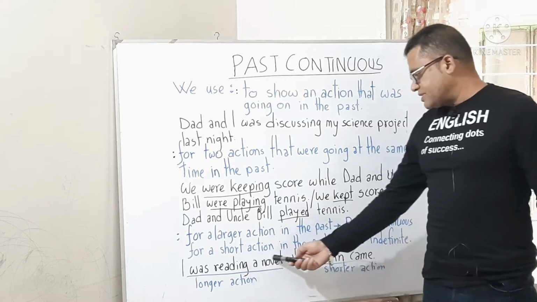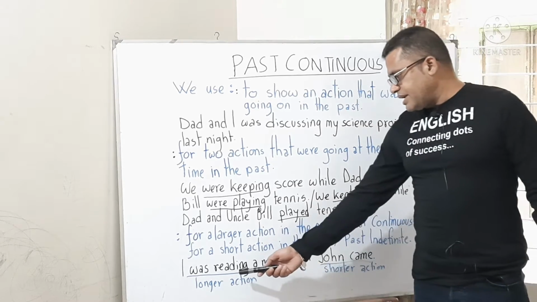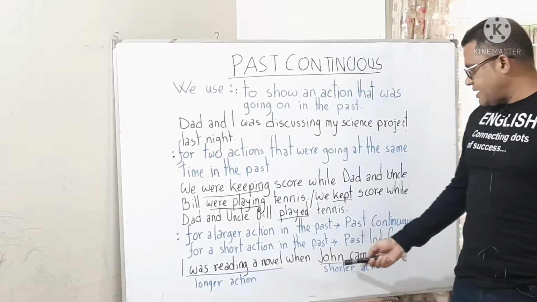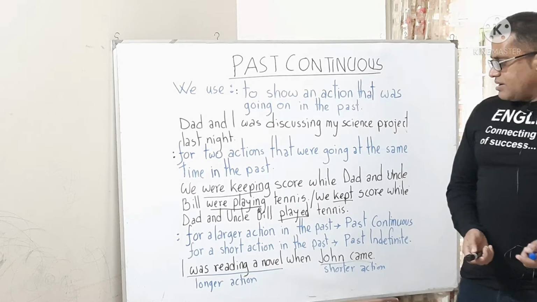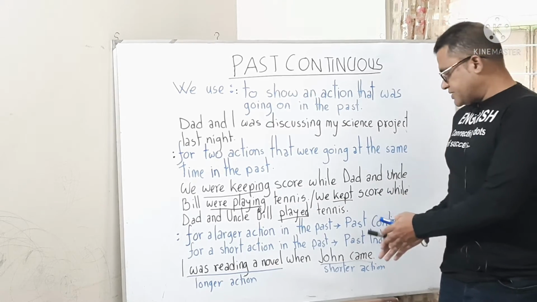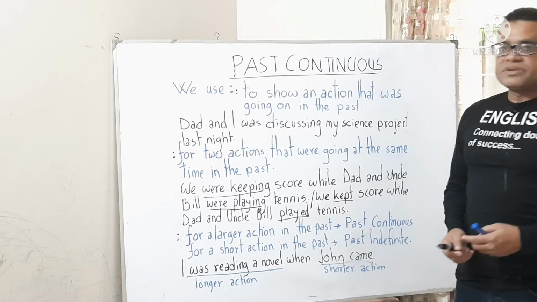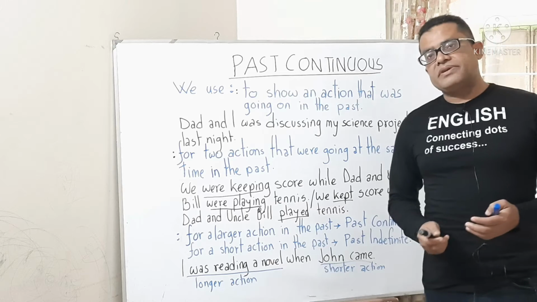For a short action in the past, we use past simple. I was reading a novel when John came. I was reading a novel. That is a long action. It takes a long time. And John came. It was a shorter action. It became past simple.